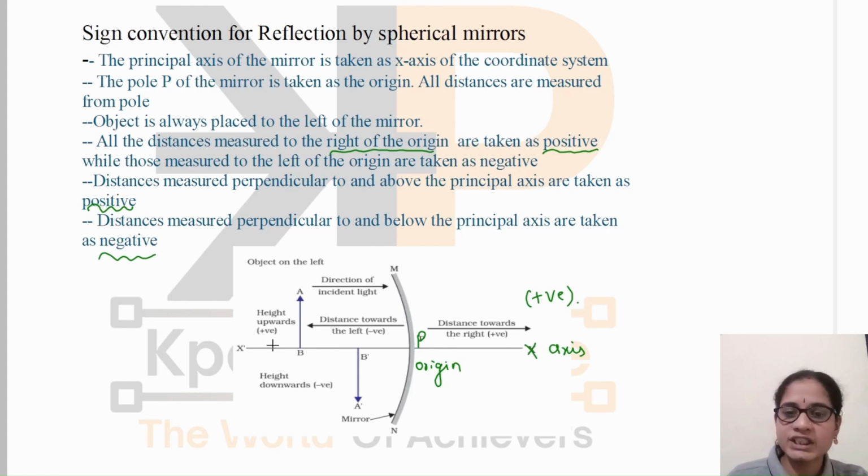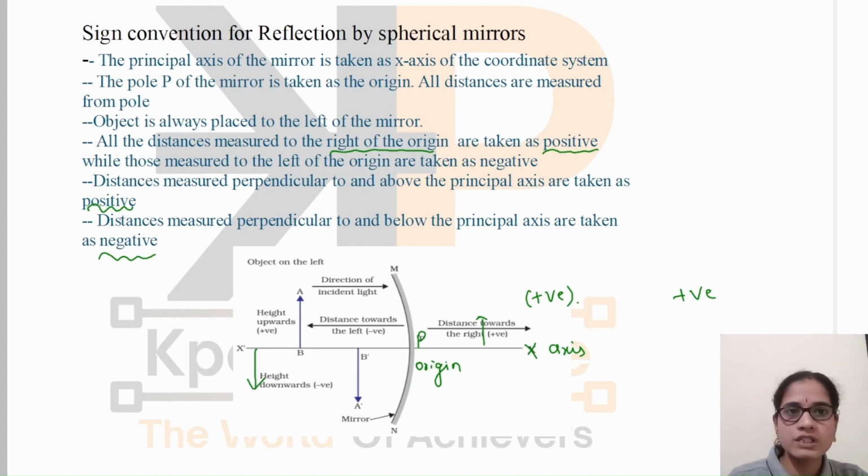Sometimes the image is formed above the x-axis, so we take the height of the image as positive. Sometimes the image may form below the x-axis. At that time, we consider that as negative, because distances measured perpendicular to and below the principal axis are negative. This is about the height.